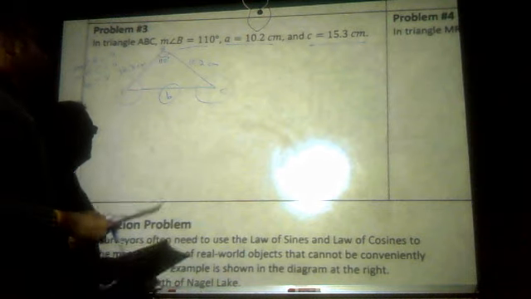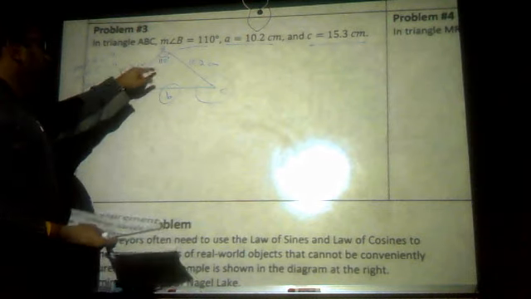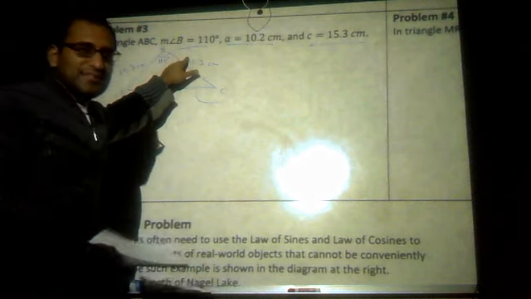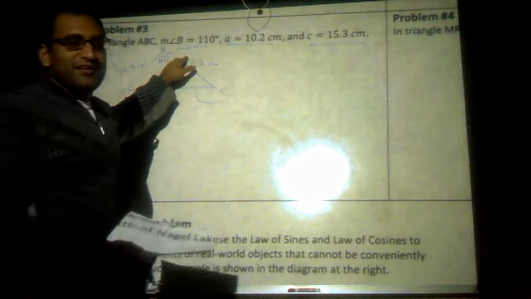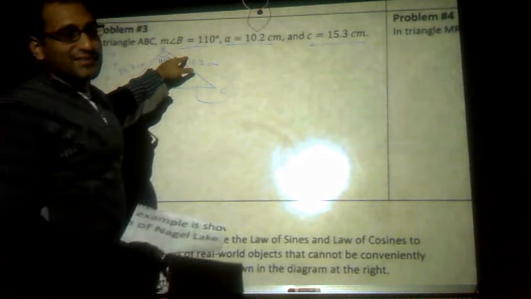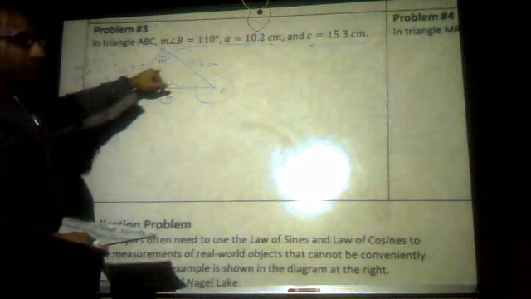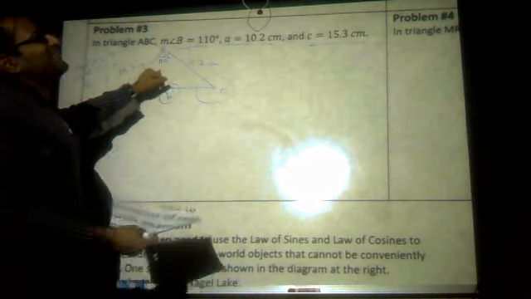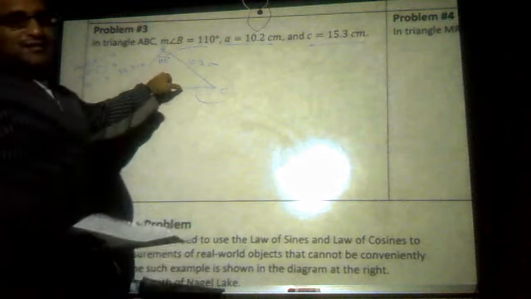Then we have to ask ourselves, what do we know? Well, we do know two sides. If we know two sides, let's see if the angle in between is included, like the slice of cheese we were talking about between the two slices of bread. So, the angle is included.